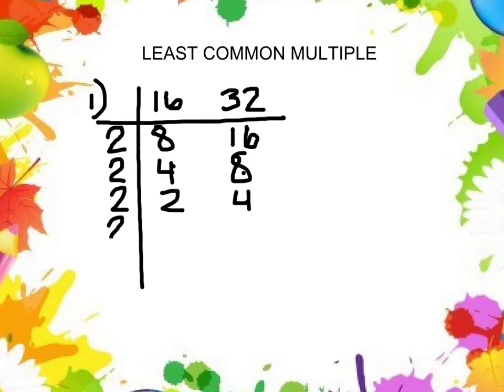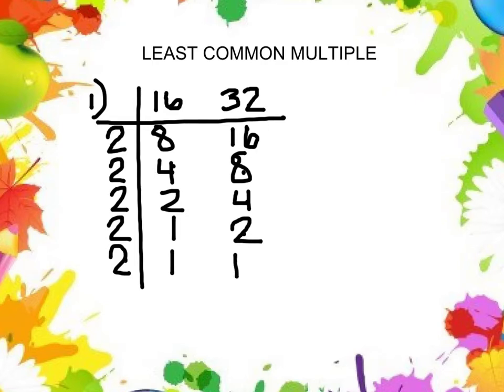Once again by 2. 2 divided by 2 is 1. 4 divided by 2 is 2. Once again, let's write the 2, and we say 2 divided by 2 is 1.